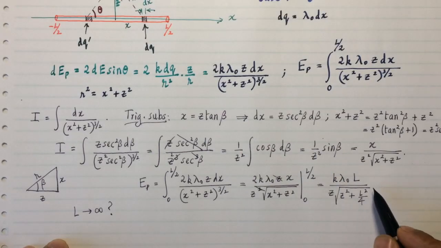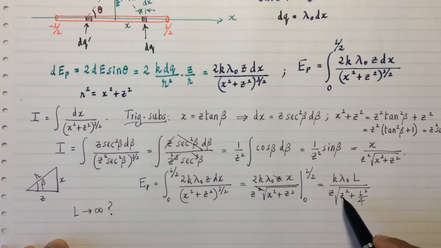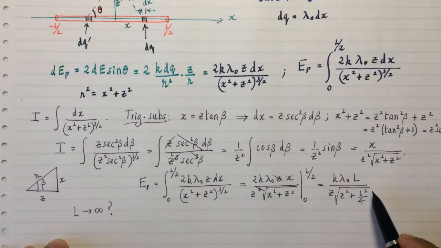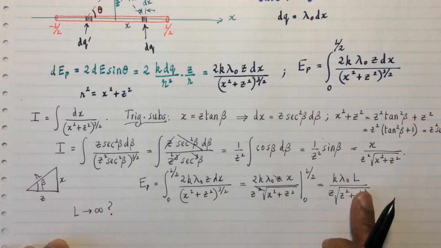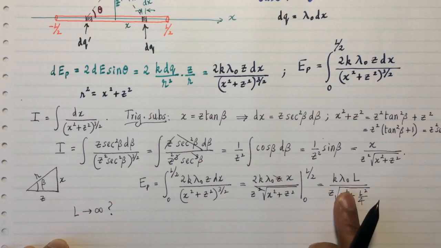The other way you can do that is, if L goes to infinity, you can neglect z squared compared to L squared over 4, and then you'll end up with the same result, basically. If you neglect z, you're going to get L over 2.